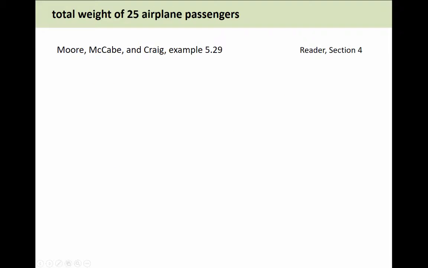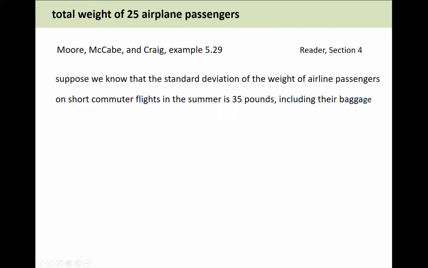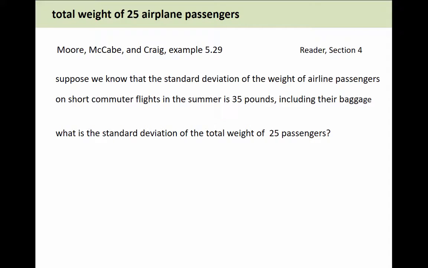And also in our earlier narrations, we said, okay, suppose we think about the standard deviation of the weight, and we said that the standard deviation of the weight of the individual people was 35 pounds. And so based on this, the standard deviation of the total weight of 25 passengers, in order to answer that question, we have to first work with the variance.